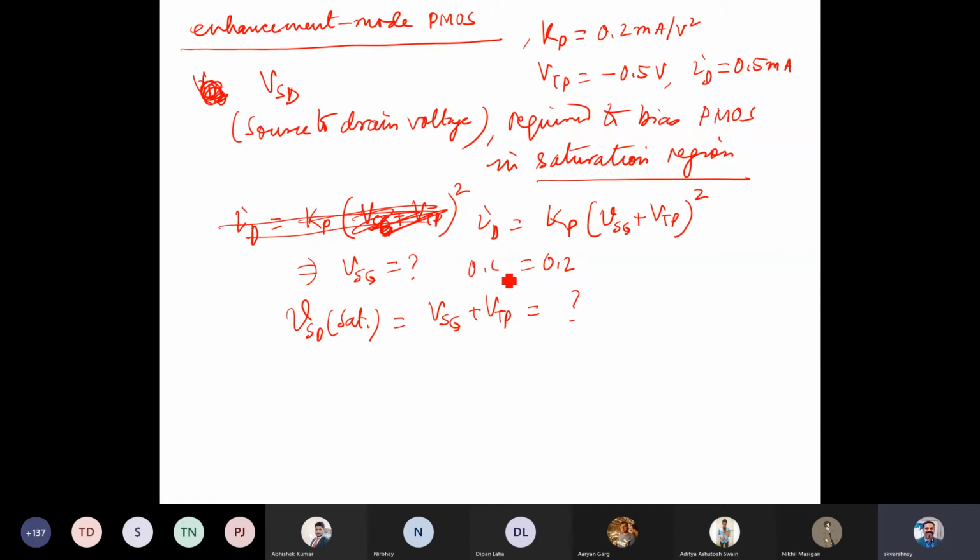So this is 0.5 milliampere, and 0.2 milliampere per volt square times (VSG minus 0.5) square. From here you can find the value of VSG. Once you calculate VSG, one can obtain the source to drain voltage.